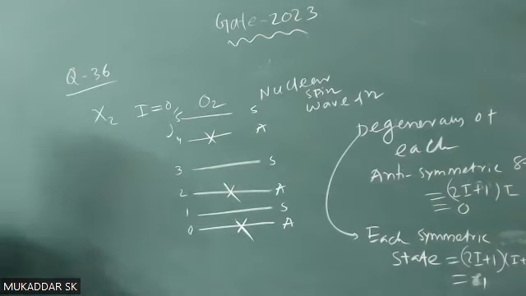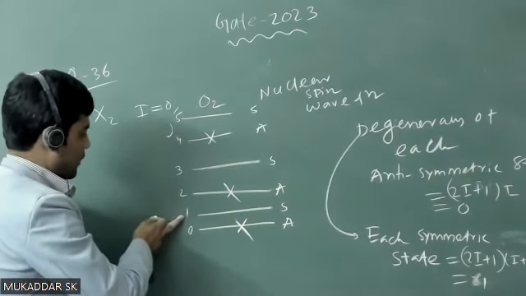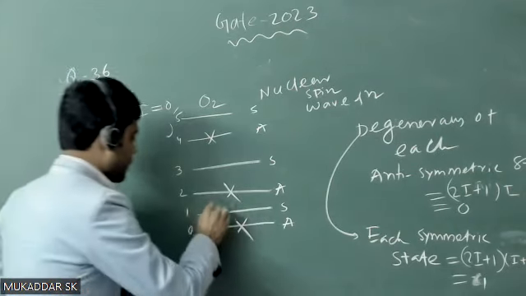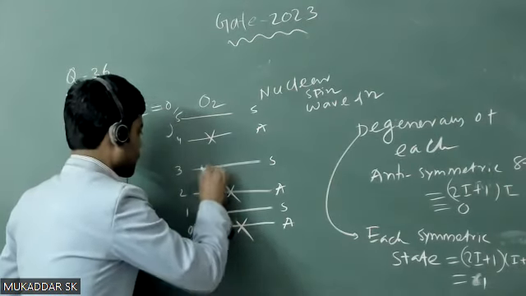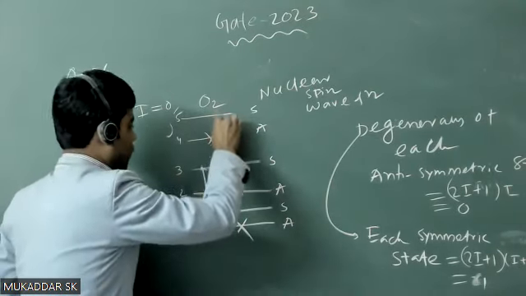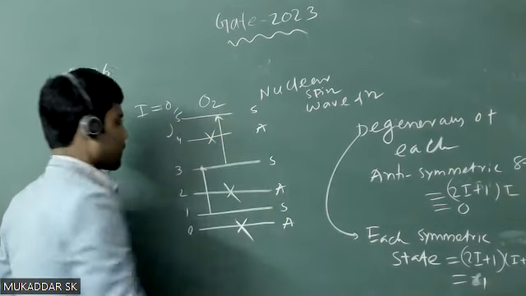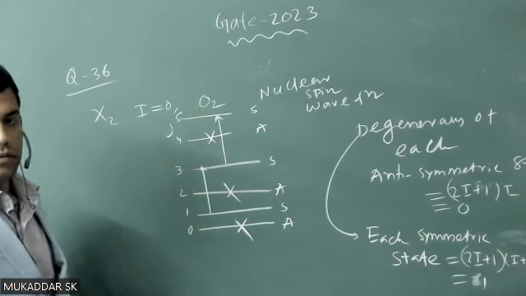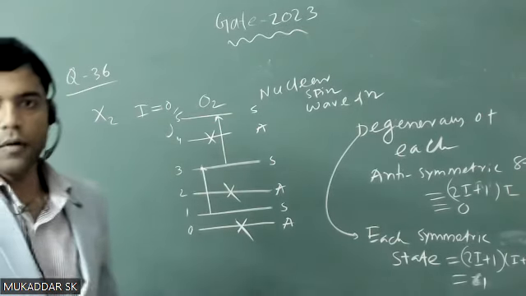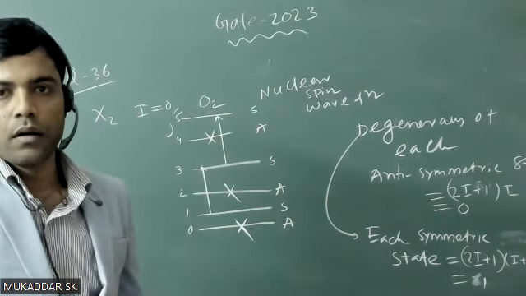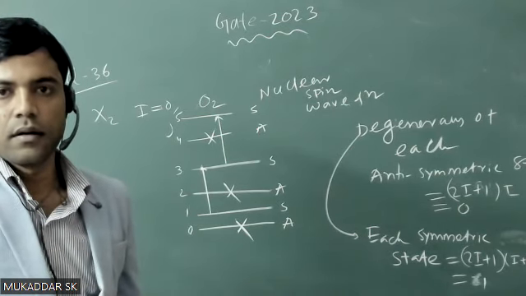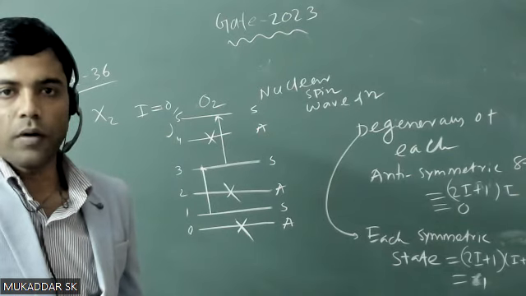So only odd J value states, 1, 3, 5, will be present. So you'll have transitions like from 1 to 3, then 3 to 5, 5 to 7, and so on. So you'll get lines corresponding to odd J values, or I can say that lines will be present for only odd J values.